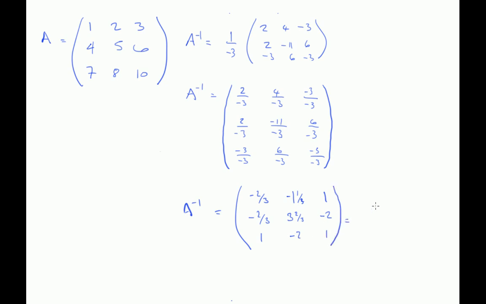Okay, which is minus 0.6 recurring, minus 1.3 recurring, 1, minus 0.6 recurring, 3 and 2/3, or 3.6 recurring, minus 2, 1, minus 2, 1. And there we have it, our inverse of the 3 by 3 matrix A.